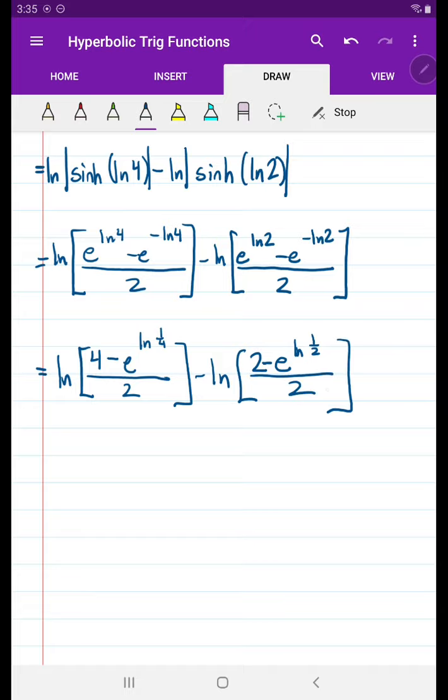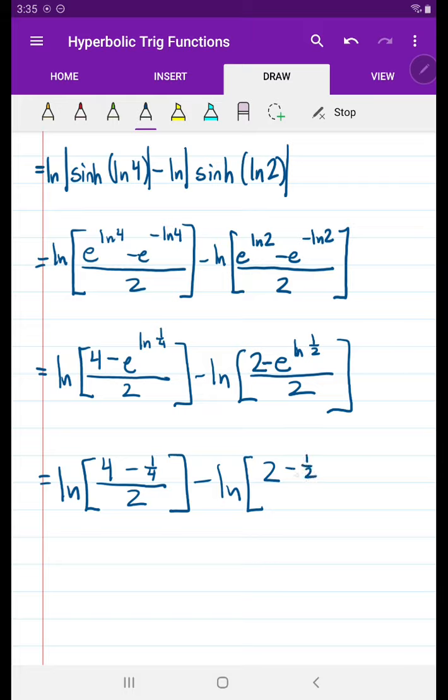So then that will turn into the natural log of (4 minus 1/4) over 2, minus the natural log of (2 minus 1/2) over 2.